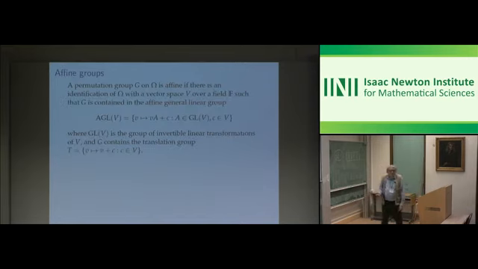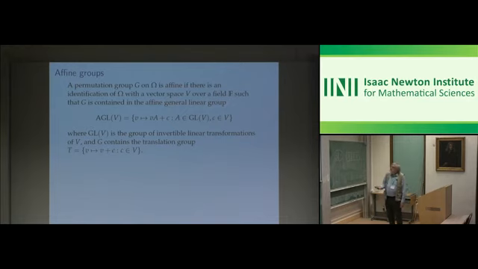So affine groups, well, the full affine group is the group where you take a vector space and you take all maps of the form invertible linear transformation, add on a constant vector, right? So the constant vectors form a normal subgroup, the translation group, there it is, T, and the whole group is a semi-direct product of T by the general linear group.